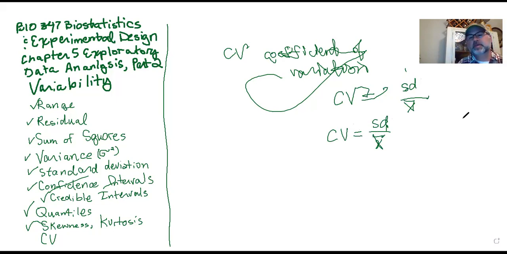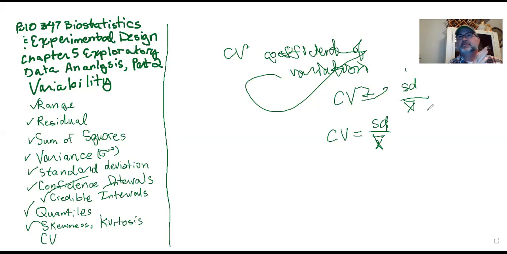The reason you're going to do this is if you want to compare things that are measured on very different scales, the standard deviations aren't meaningful.